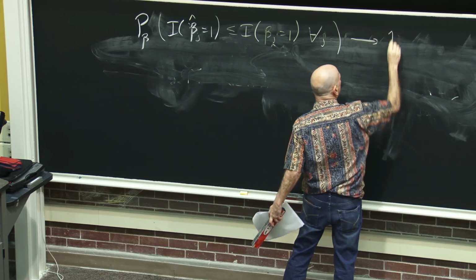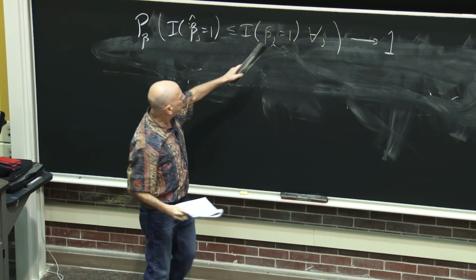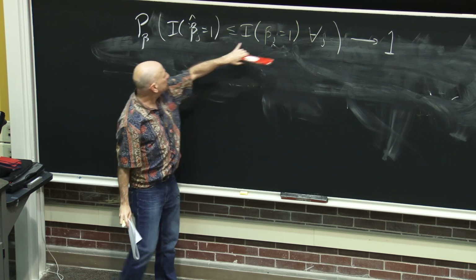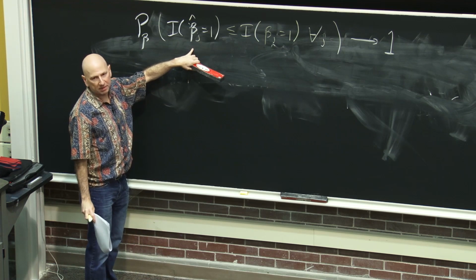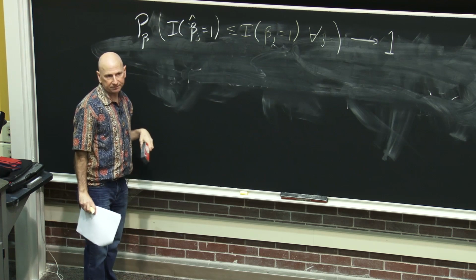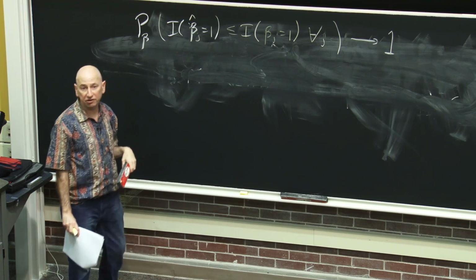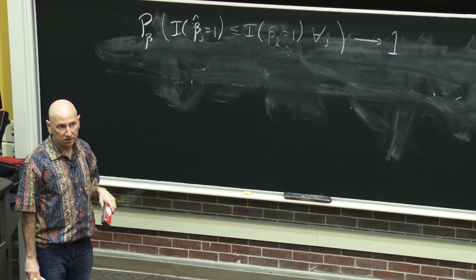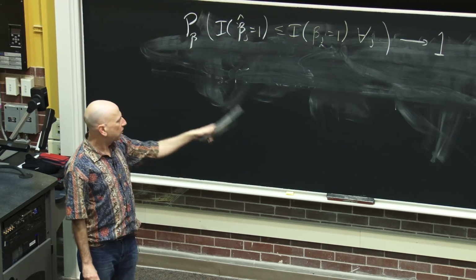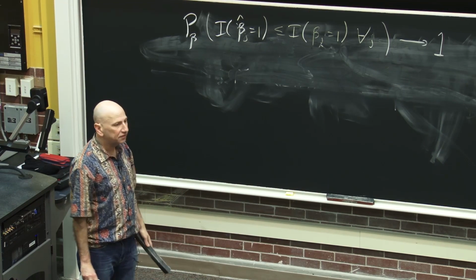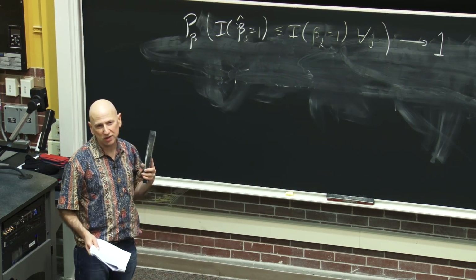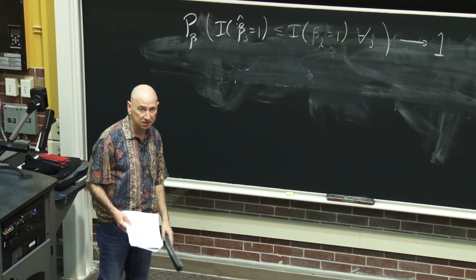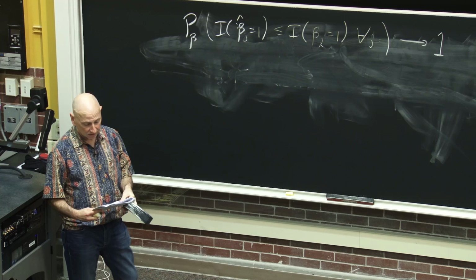What is this saying? If one of the beta j's is 0, then the corresponding beta hat is 0. So I'm correctly recovering the zeros of the vector of coefficients. If that holds as n goes to infinity, we'll say it's weakly sparsistent. The only reason it's weakly is we're not requiring both to get the 1s and 0s right. We're only requiring the zeros to be correct. Okay?